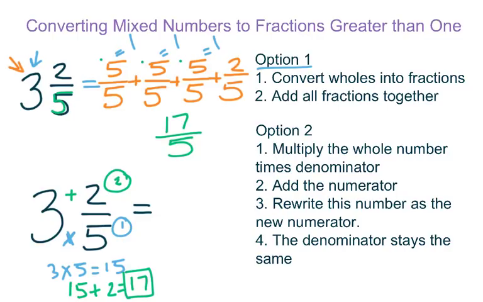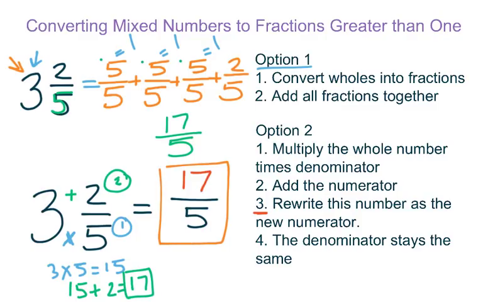So this is my new number that I'm working with. Step number 3 says that I'm rewriting this number as my new numerator, and my denominator stays the same. So my denominator of 5 goes over here, and this is my new fraction greater than 1. Notice how it's identical to the fraction greater than 1 above.